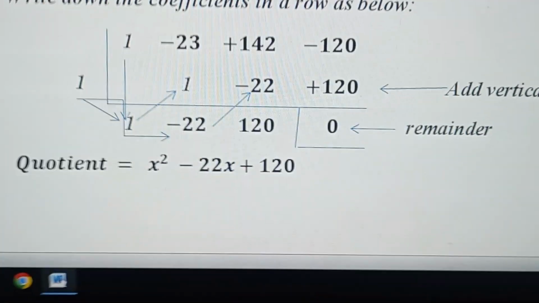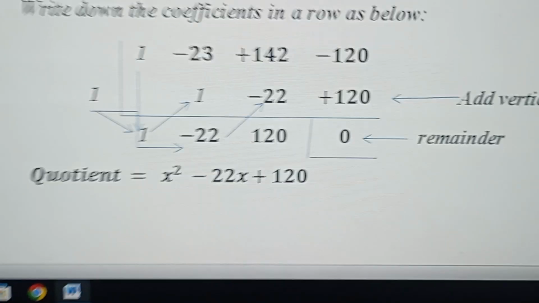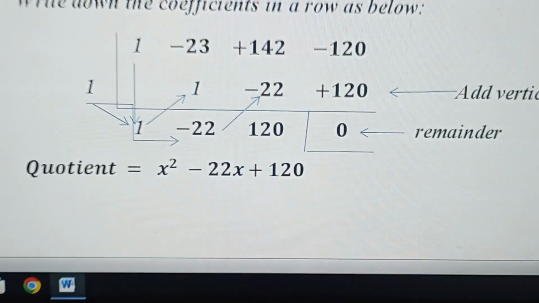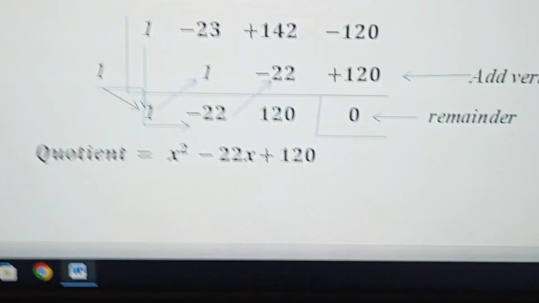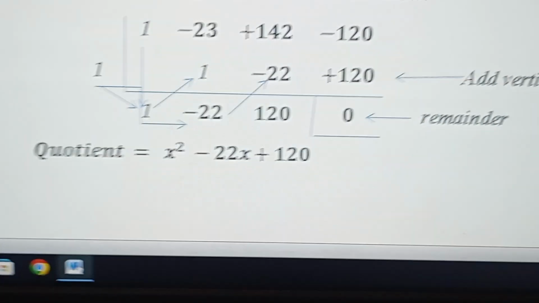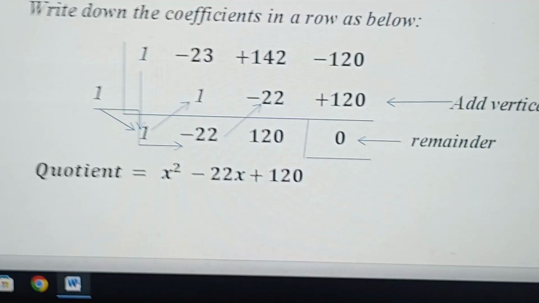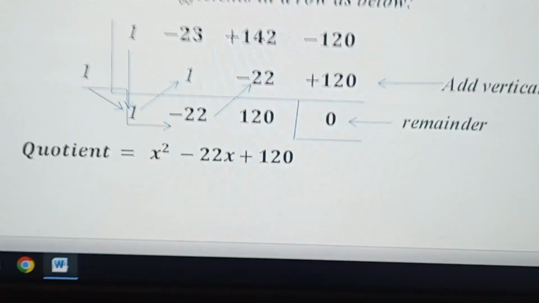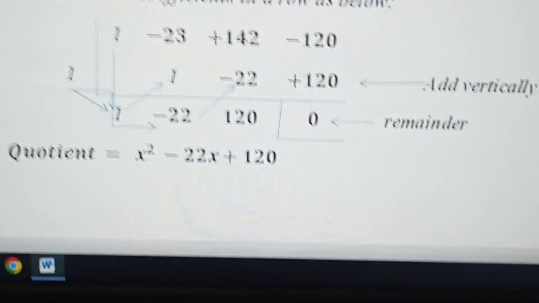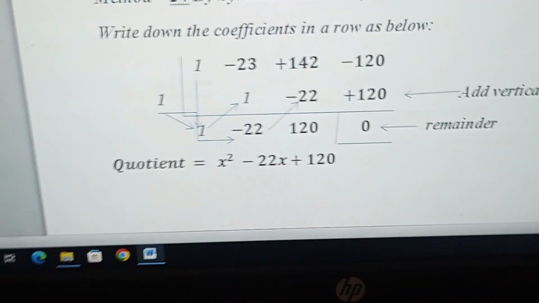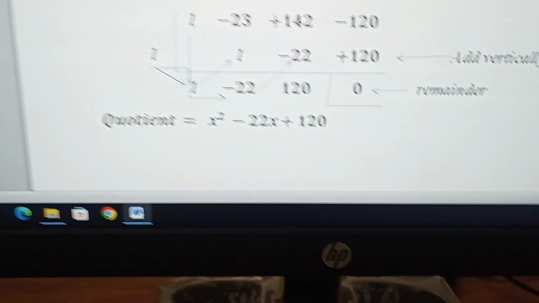We put the degree of the polynomial. The quotient will be 1 less if you divide it by a linear polynomial, isn't it? So it will be x squared minus 22x plus 120. We got the same quotient. We move on to the next step.